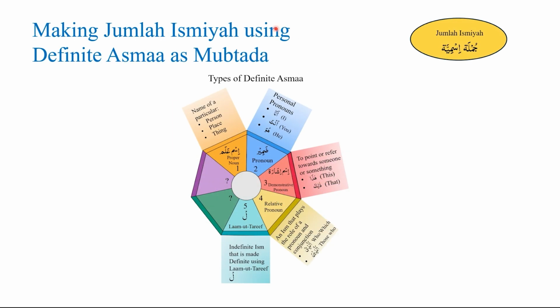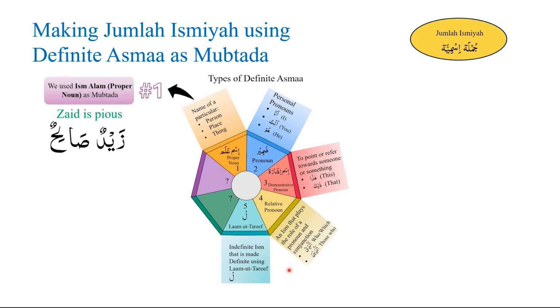We started making Jumla Ismiya using definite asma as mubtada. Previously, we studied the types of definite asma, and we studied that there are a total of 7 types of definite asma. Of the 7 types, we studied 5 different types of definite asma.